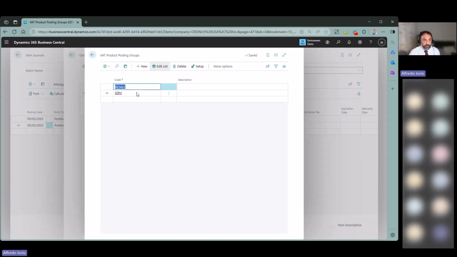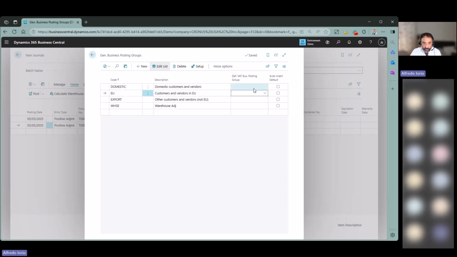resale, services. You can see the data was incorrect, but again, this is in a US Kronos database. The data is even worse than what you will find in a UK database, particularly for VAT, because VAT is not in use. But the logic is essentially the same. Here you can see domestic and foreign.